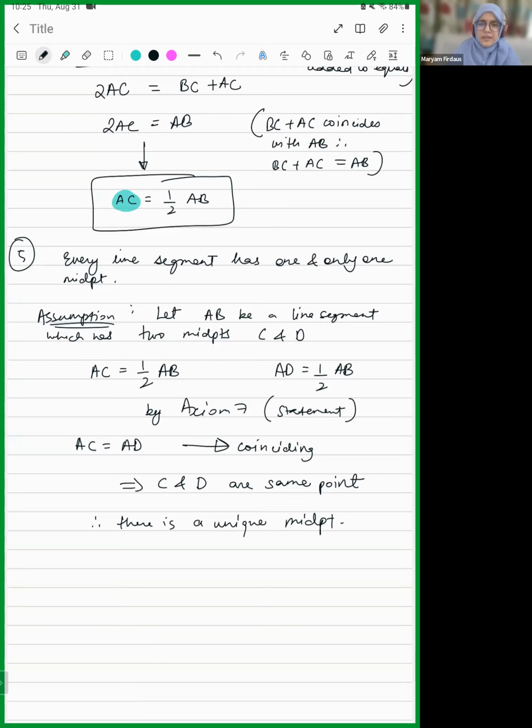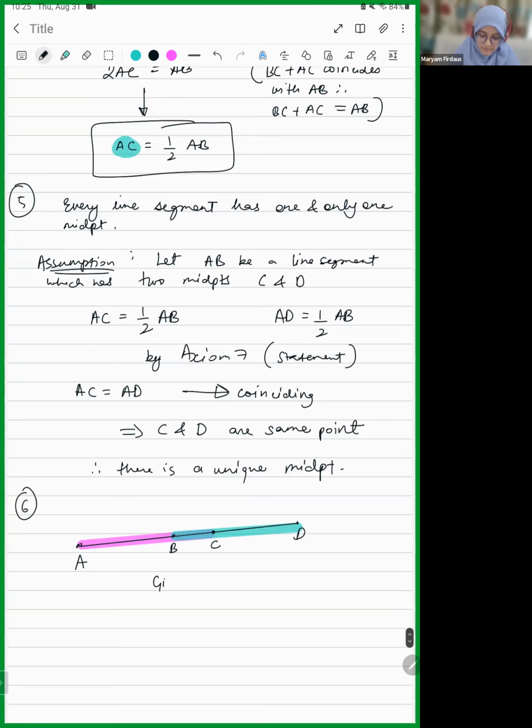All right. Let's move to the next question. This is also something you can do by yourself. This is a figure. This is A, D, B, C. They're saying if AC is equal to BD, you have to prove that AB is equal to CD.